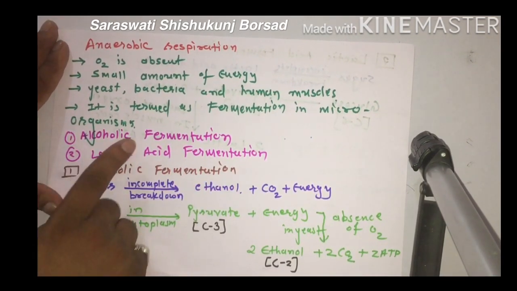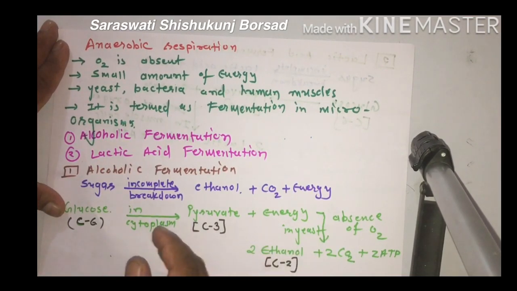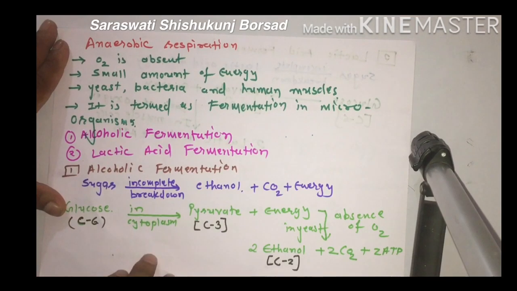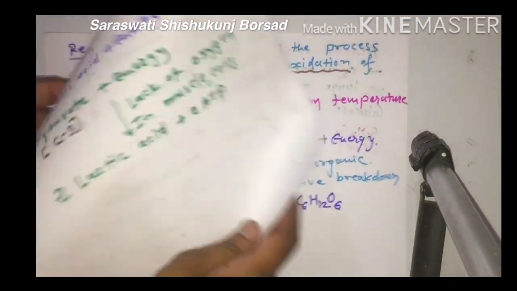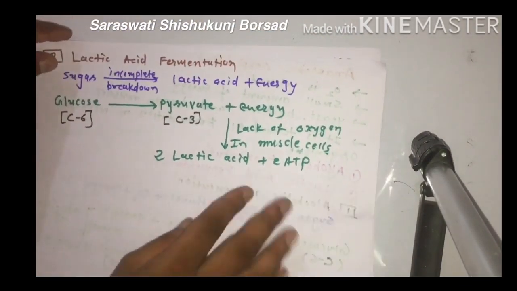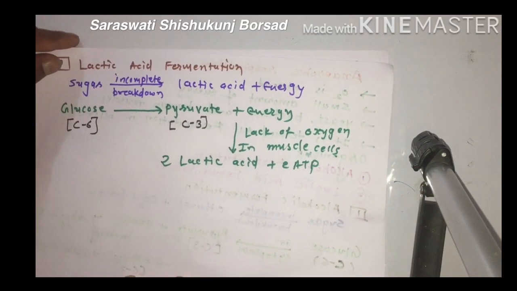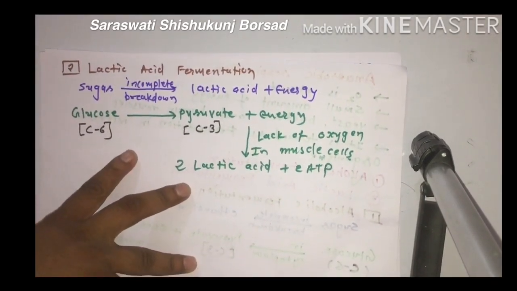Generally, alcoholic fermentation is done in yeast, and in plants generally this alcoholic fermentation will happen. But if we talk about animals, in muscle cells we will get lactic acid. So this is also one type of anaerobic respiration.